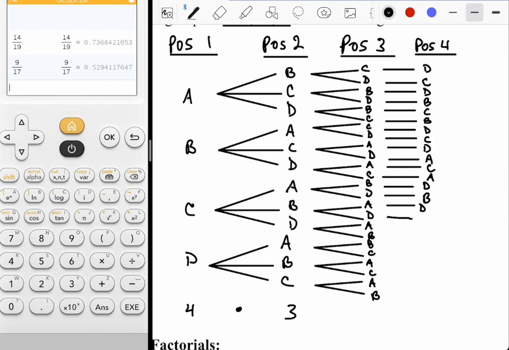C, B, D must be A. C, D, A must be B. C, D, B must be A. D, A, B must be C. D, A, C must be B.